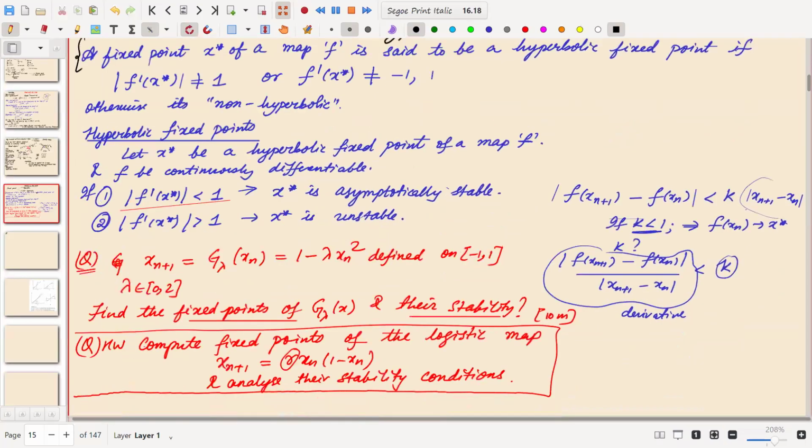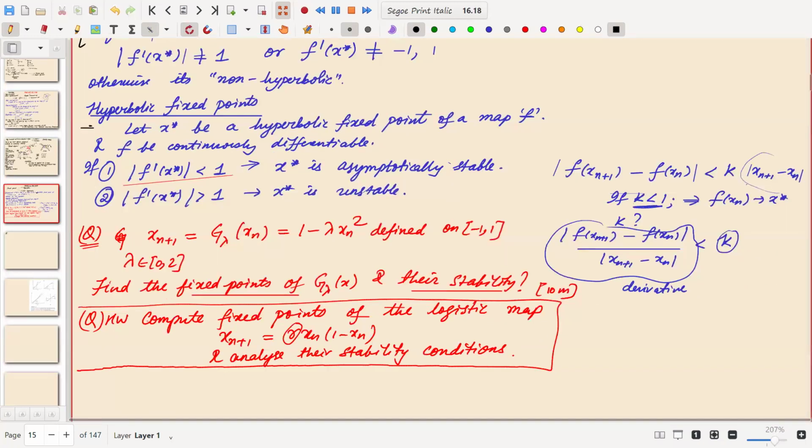If they are hyperbolic fixed points, we can start with a theorem: suppose x star is a hyperbolic fixed point of the map f. Since you are taking the derivative of the function f, your function f should be differentiable, right?